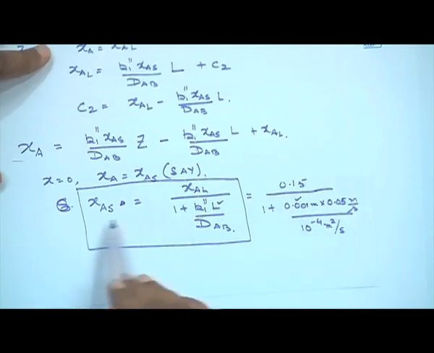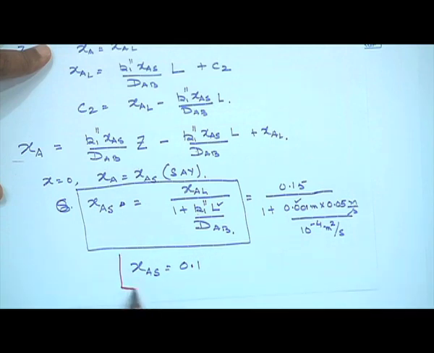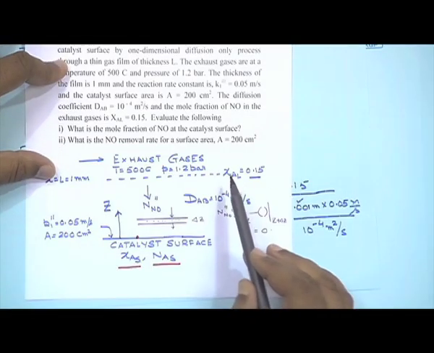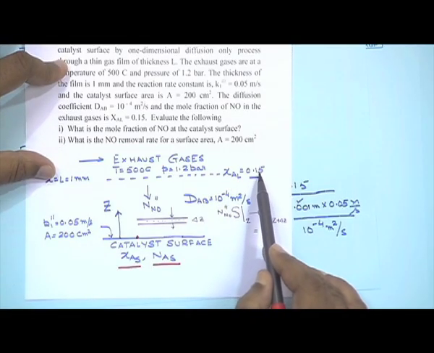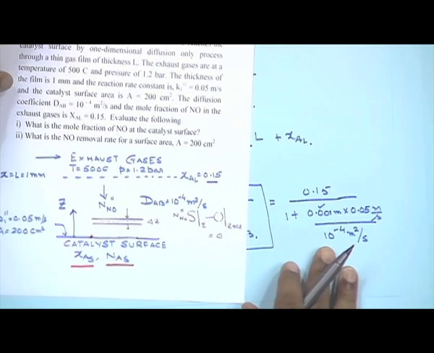So, the value of XAS would be equal to 0.1. This gives me the first part of the problem. This is the concentration of the reactant, in this case NO, at the catalyst surface, equal to 0.1. If you go back to the picture of this problem, XAL is 0.15 and we have just now evaluated XAS to be equal to 0.1.